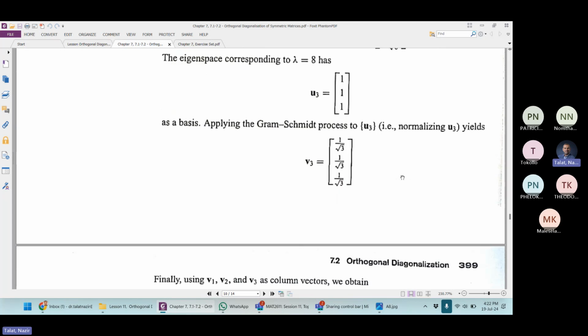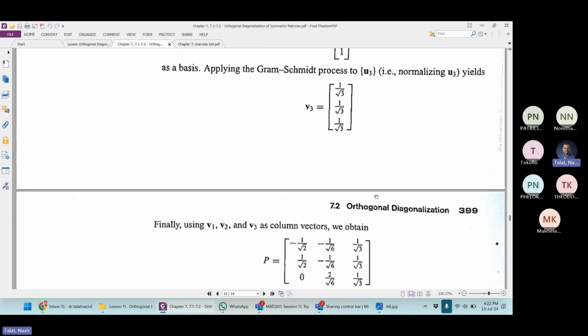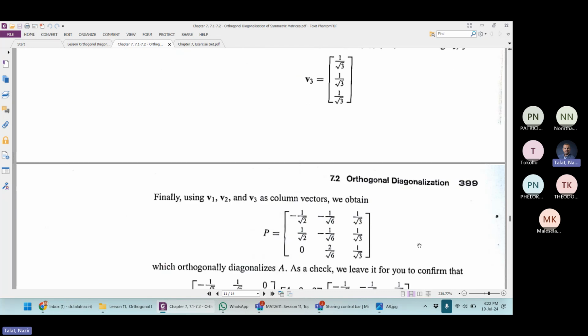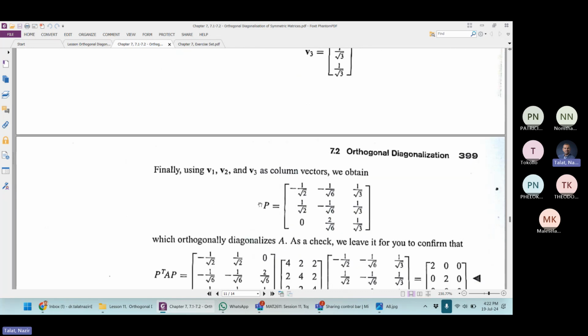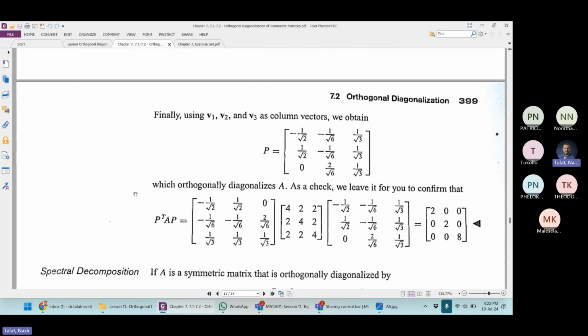Now, if we combine them and take P as v1, v2, and v3, we get a matrix P. This matrix P has one beautiful property: if you take the transpose of P, multiply with A, and then multiply with the original P, you will get a diagonal matrix. That diagonal matrix always contains the eigenvalues, like 2, 2, and 8.